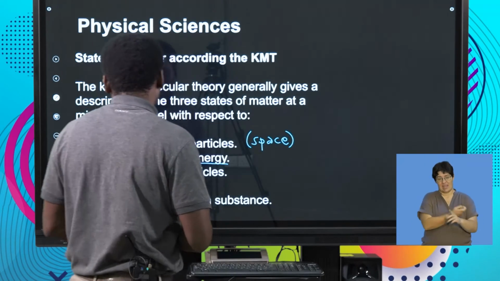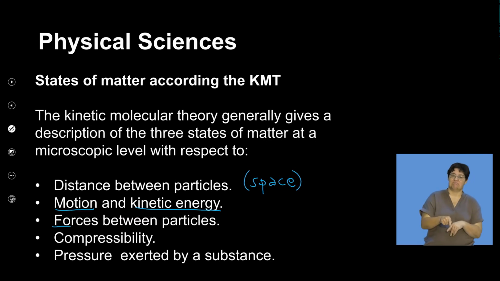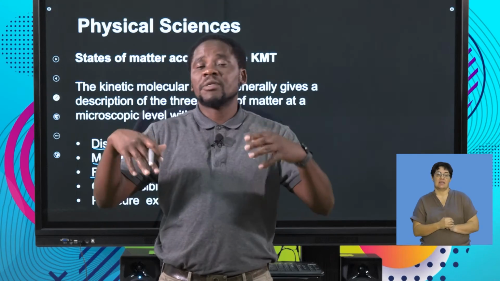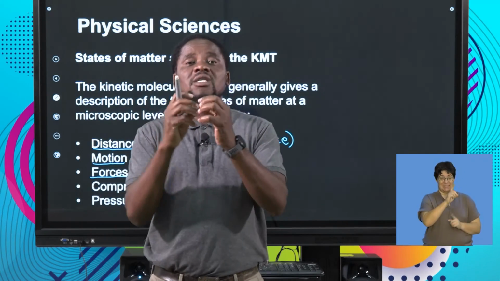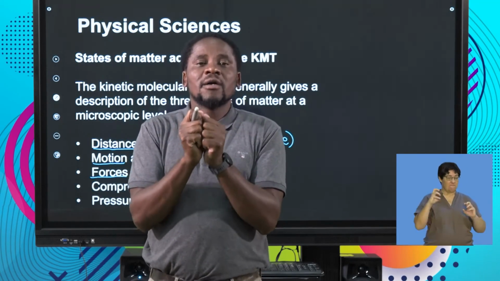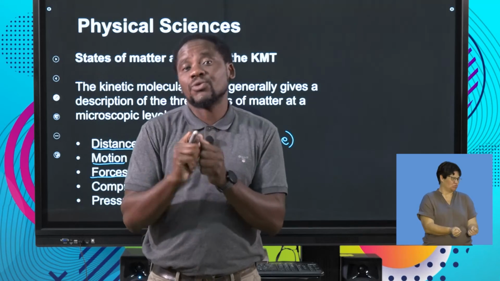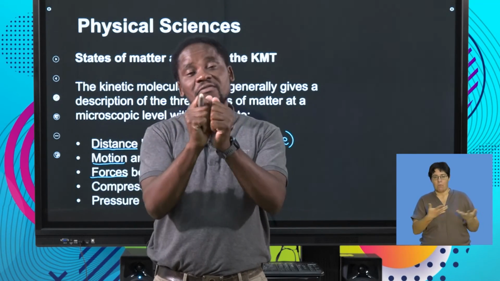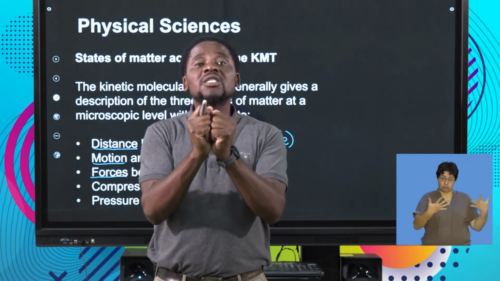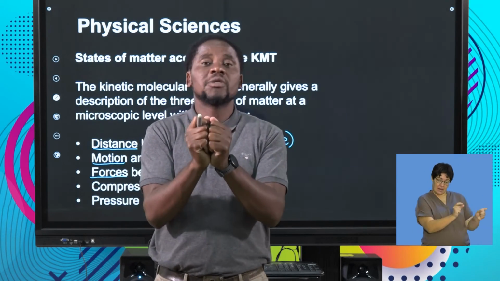Okay, we can also talk about the forces that exist between particles. Stronger forces mean smaller spaces. So the strength of the force will obviously affect the distance between the particles. What are we saying in a nutshell? We are saying that, for argument's sake, in a solid, the forces that exist between the particles are very strong compared to those of a liquid and a gas. Now, if the forces are stronger, it means the distance between the particles will also be smaller.